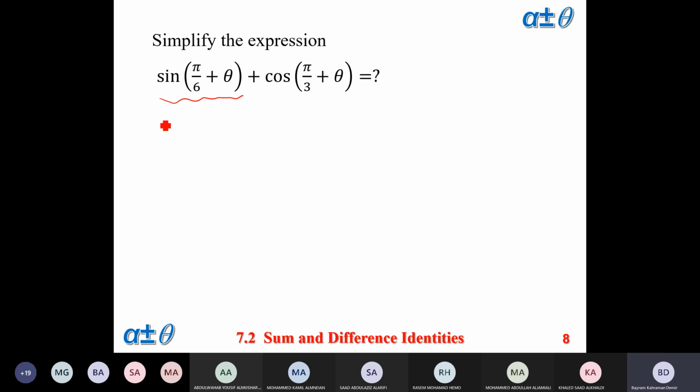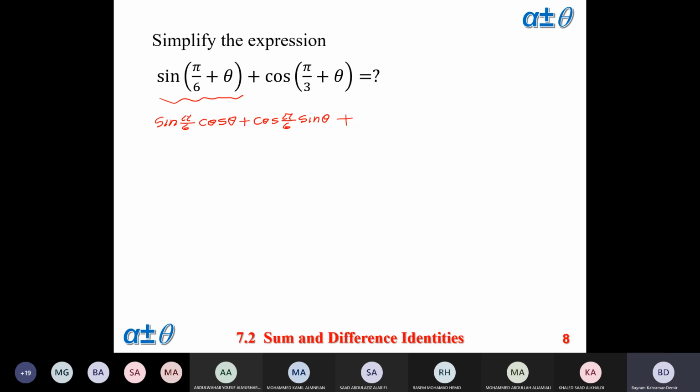Do we remember that? So it is sine of pi over 6 cosine theta plus cosine pi over 6 sine theta.